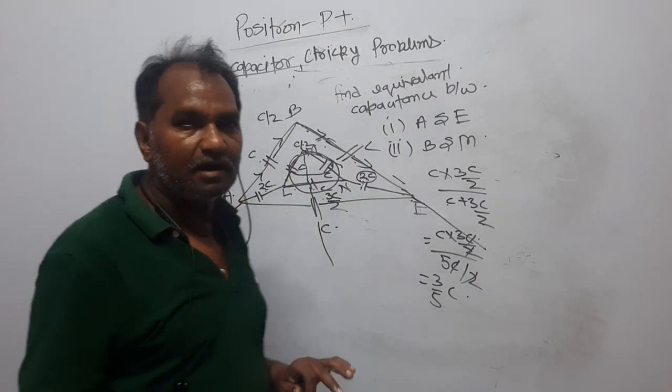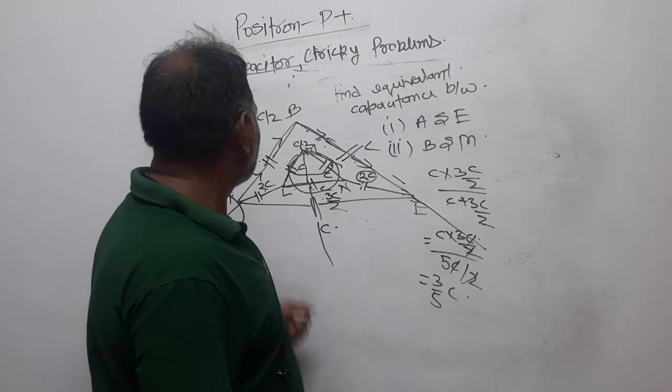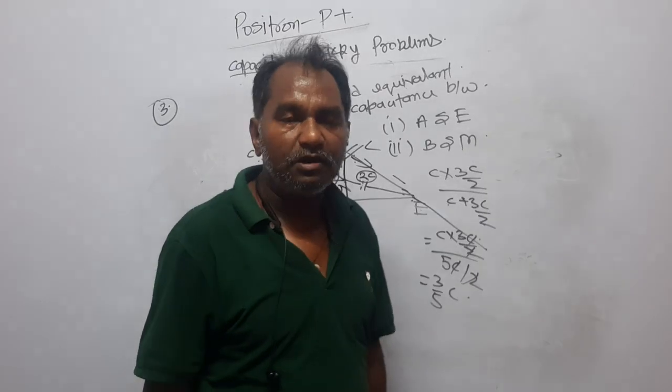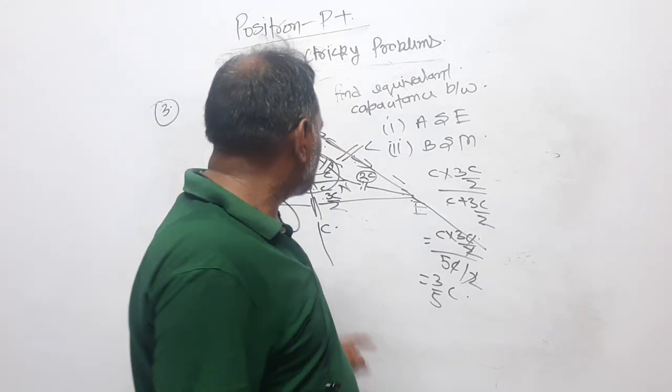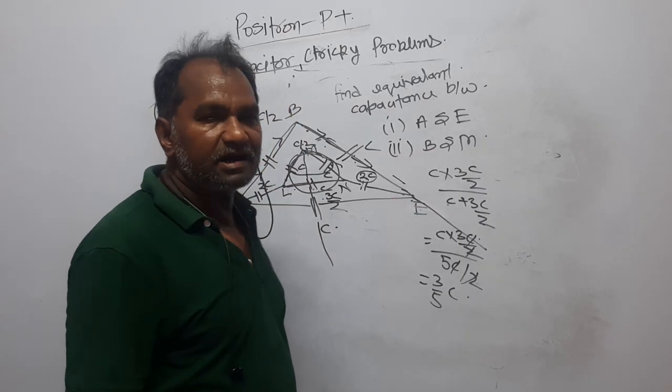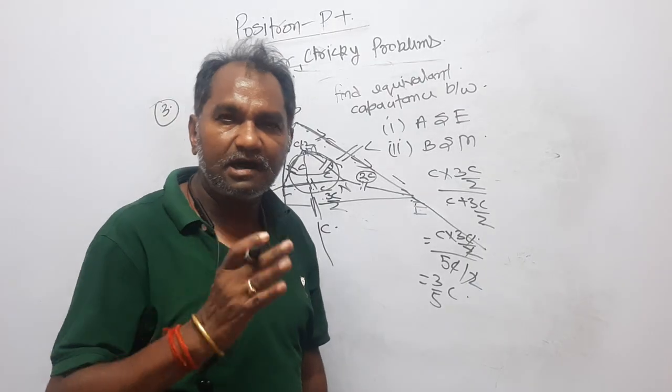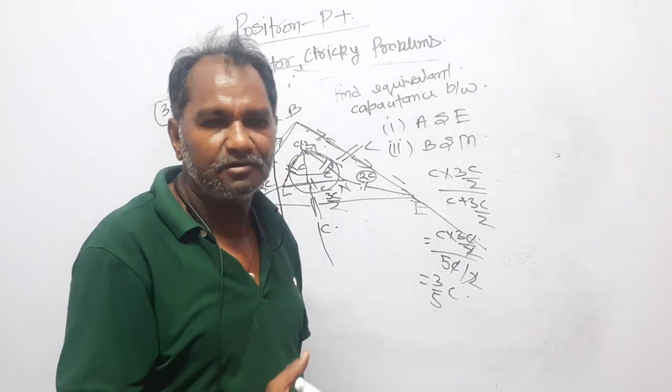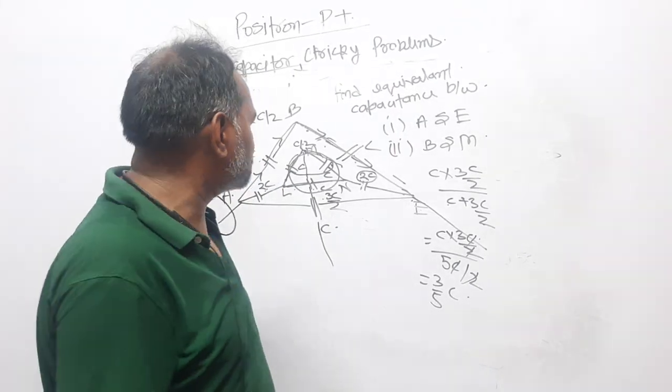Again, try to understand please. What I have said is that to find the equivalent capacitance between A and E, I have taken the perpendicular bisector of the circuit. The left-hand side and right-hand side were exactly equal, mirror images of each other.